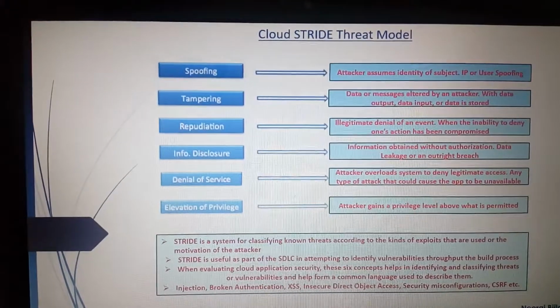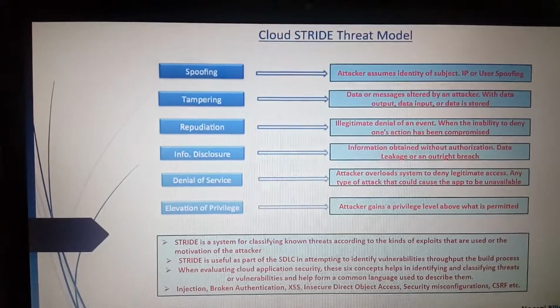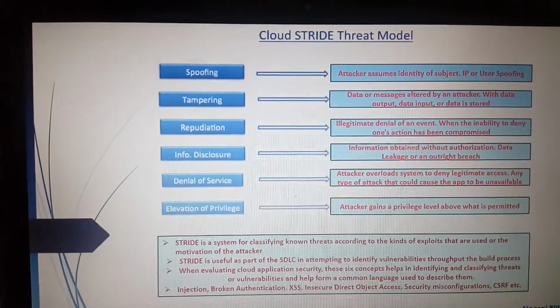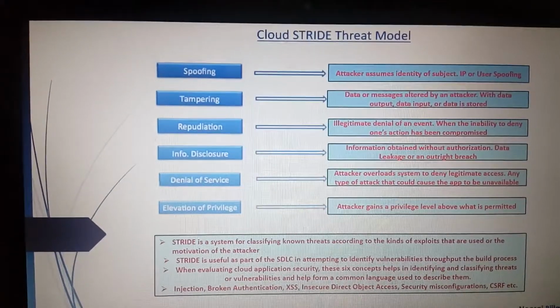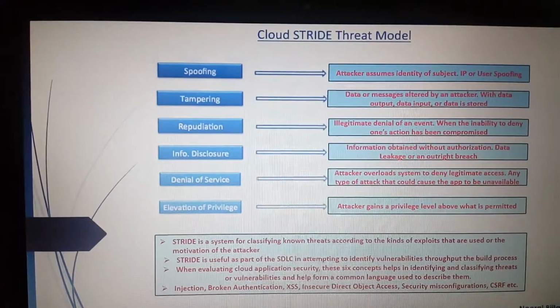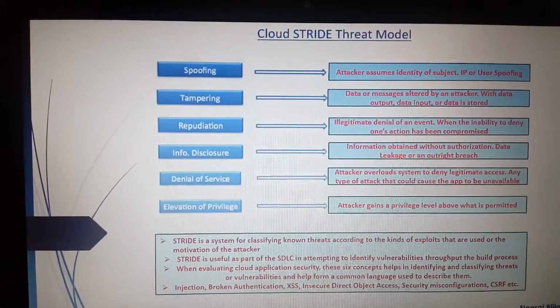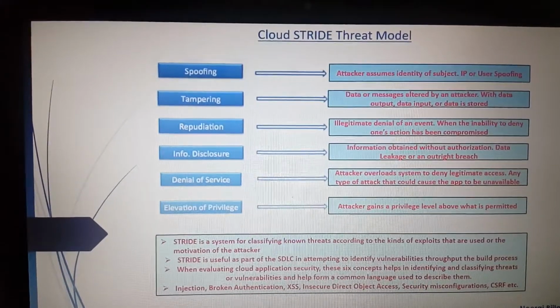A user wants to access your application by spoofing your IP address. Some applications can be accessible from external, and some applications can be accessible only from a defined IP address. So somebody can spoof your IP address, and then it's an attack. It's a complete spoofing attack on your applications, right?